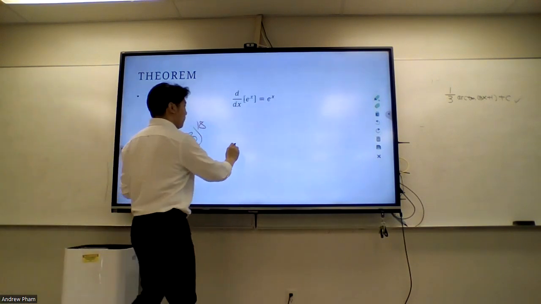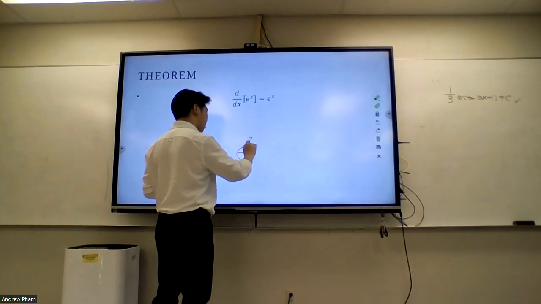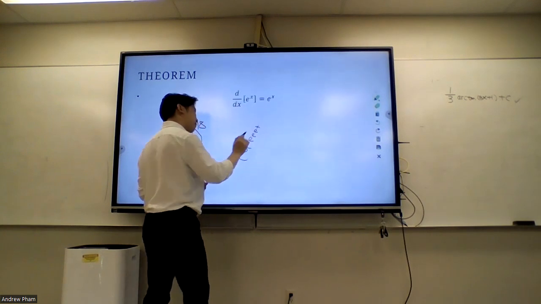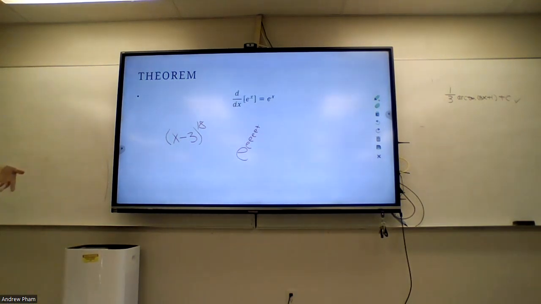Or this one that I like covering a lot: e to the e to the e to the e to the e to the x. We're going to talk about how we deal with stuff like that. This is all going to come into play when we start talking about these big rules, buzzwords like chain rule, product rule, quotient rule, and trig functions and all of that.